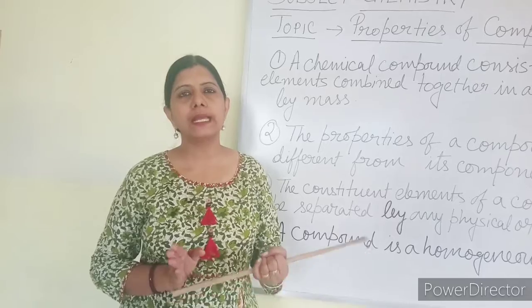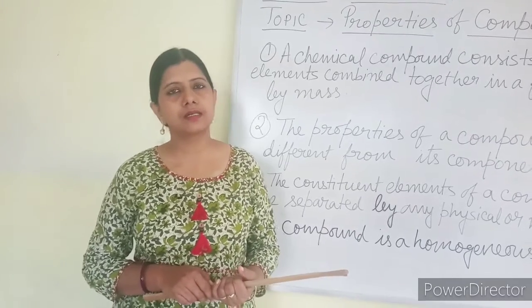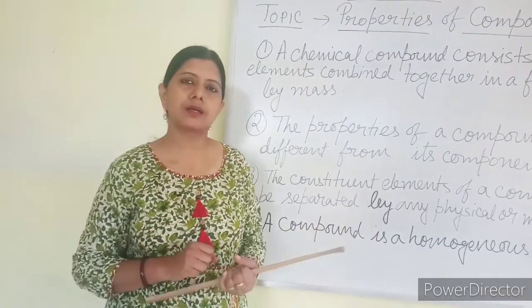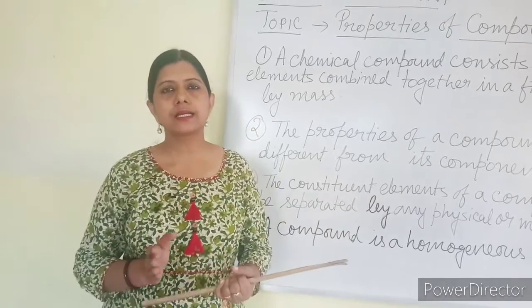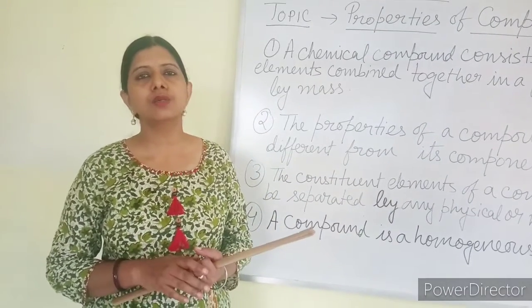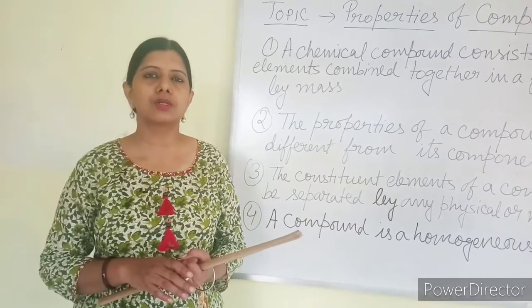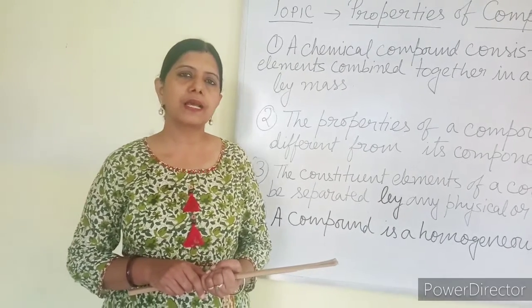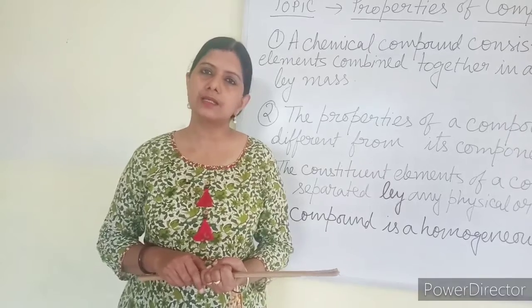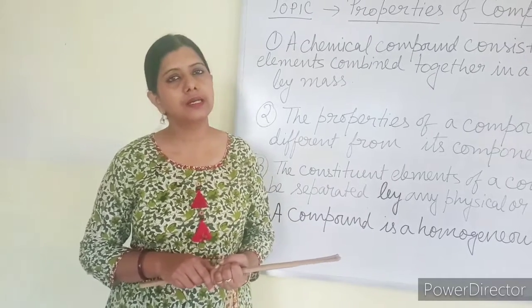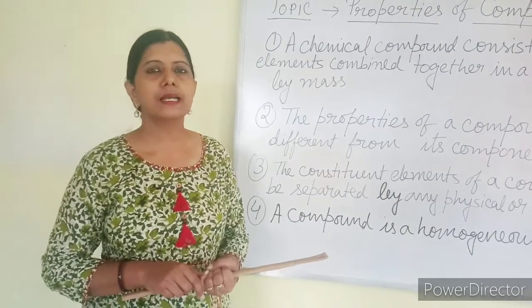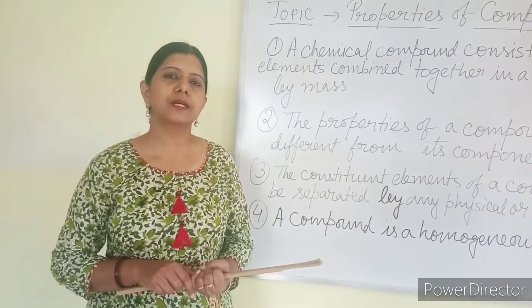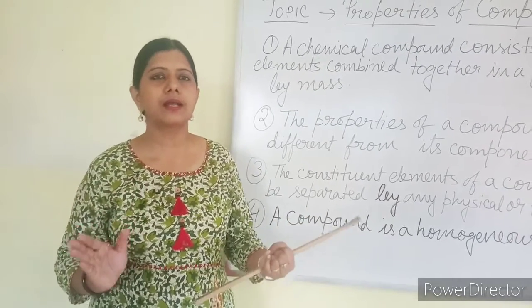No other way is there to separate the constituents. For example, again water I am taking. Water is there, you cannot separate water into oxygen and hydrogen by any physical method. Which method you have to apply? You have to apply electrolysis. About this you have learned in class 8. By electrolysis, water can be separated into oxygen and hydrogen.